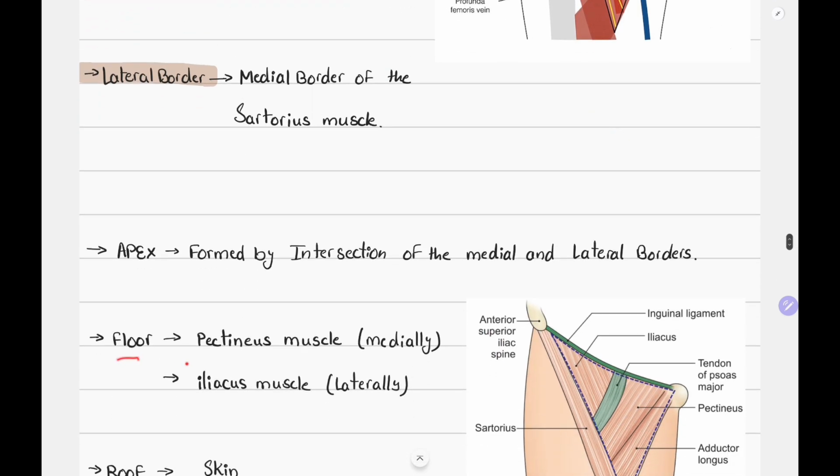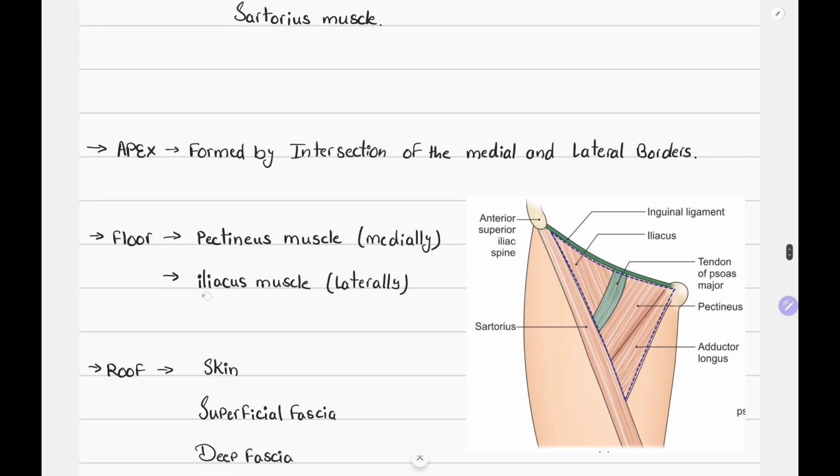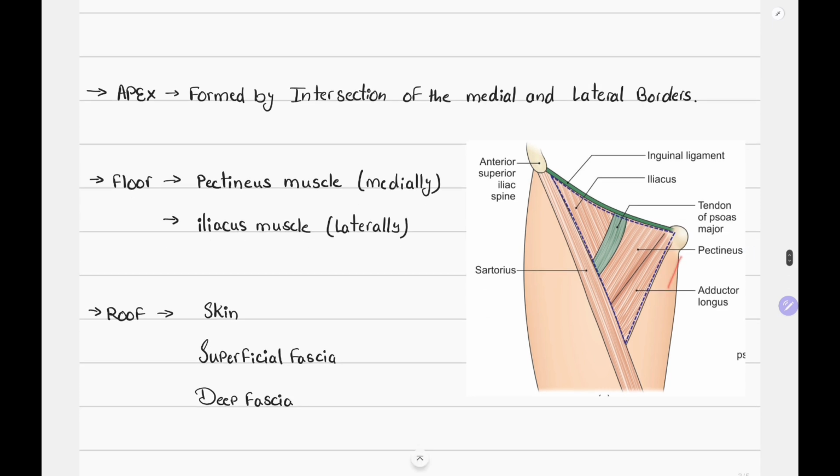The floor of the triangle is formed by the pectineus muscle and iliacus muscle. This is the floor of the triangle. Laterally it is formed by the iliacus muscle, this is our iliacus muscle. This floor is lying beneath the contents of this triangle.